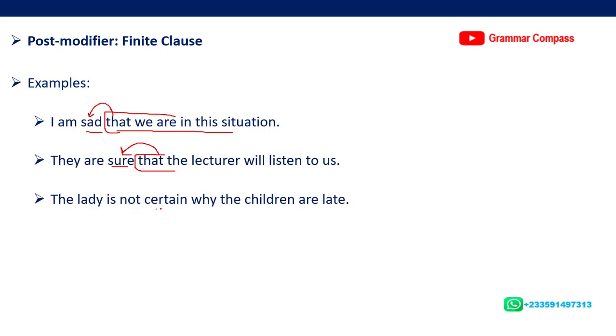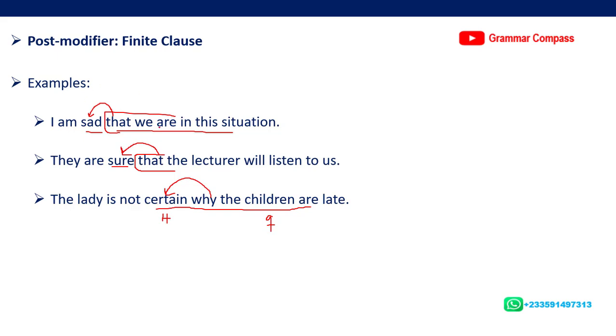The whole of this is the adjective phrase, certain why the children are late. Now certain is our adjective head, so it is H, whilst the clause, that is the interrogative clause, why the children are late, becomes the Q. So over here we have the interrogative WH clause, which is qualifying or post-modifying the adjective head.